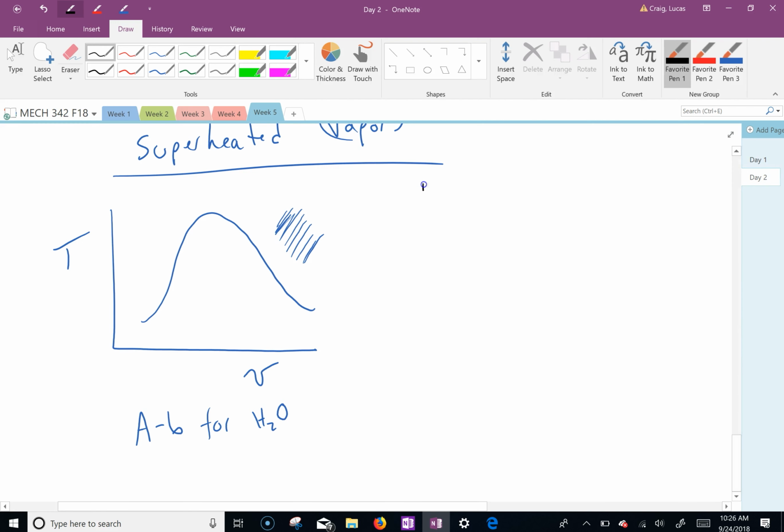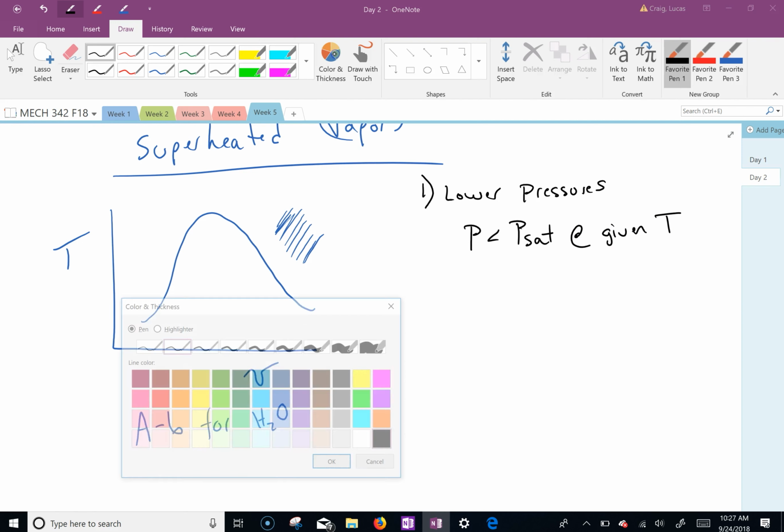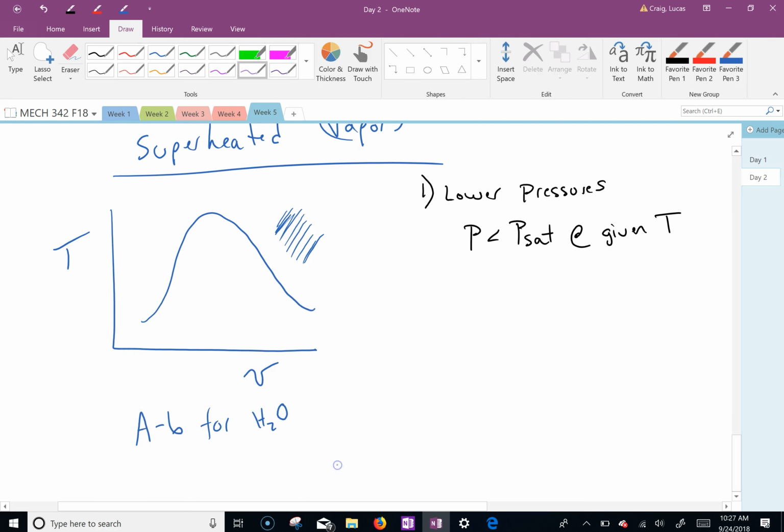And the rules are this. And I'm going to draw two lines on here.